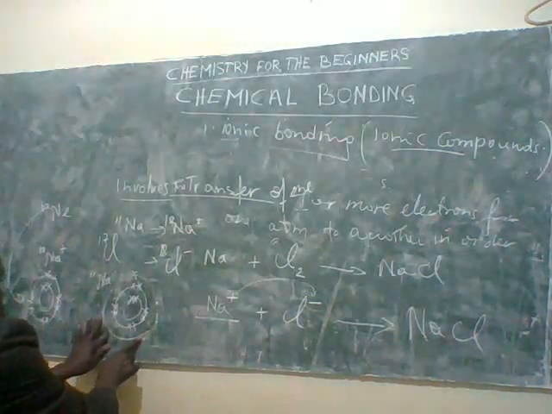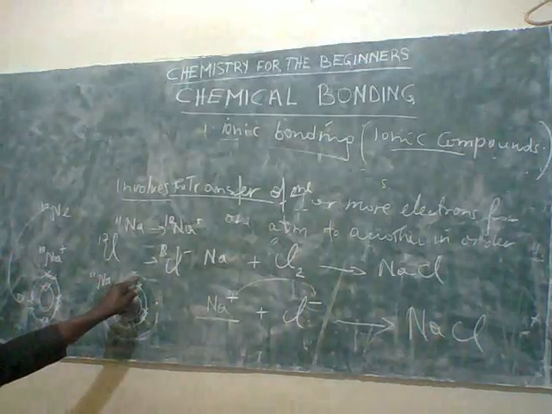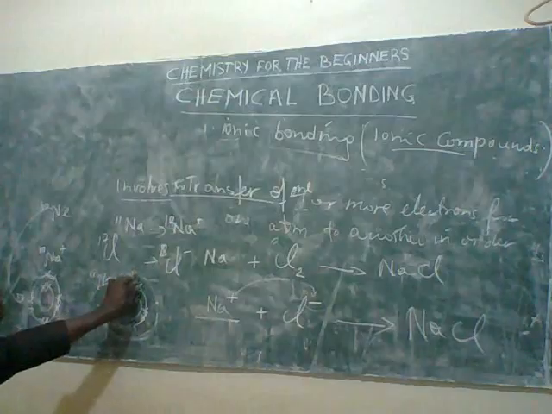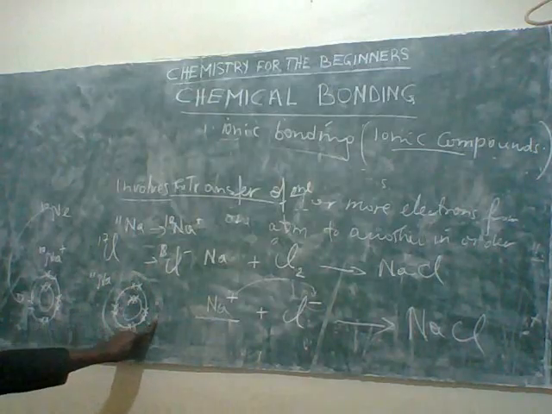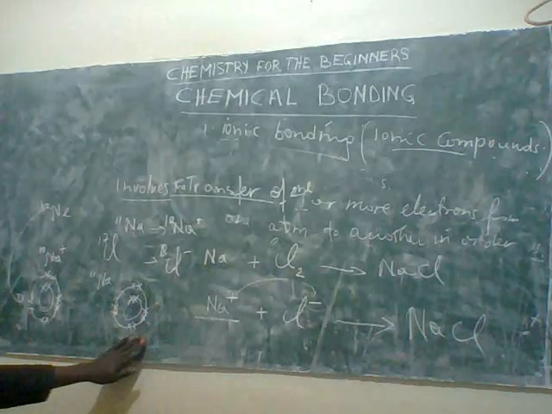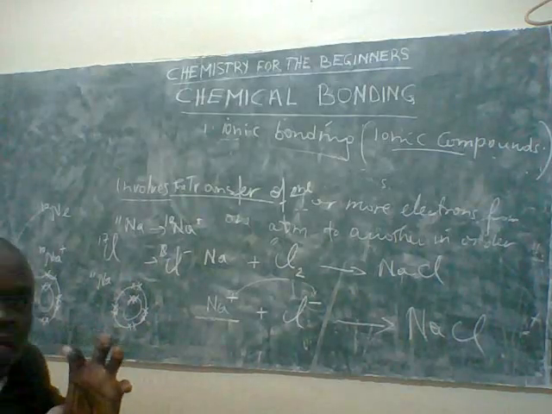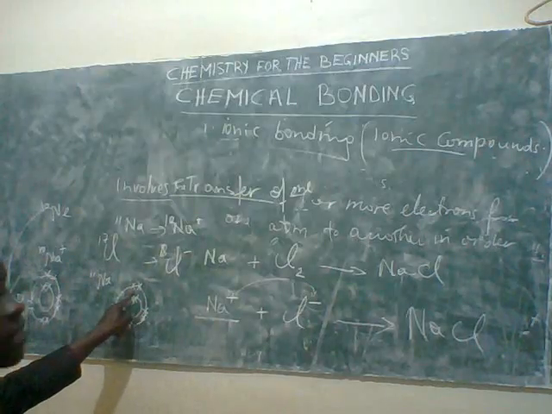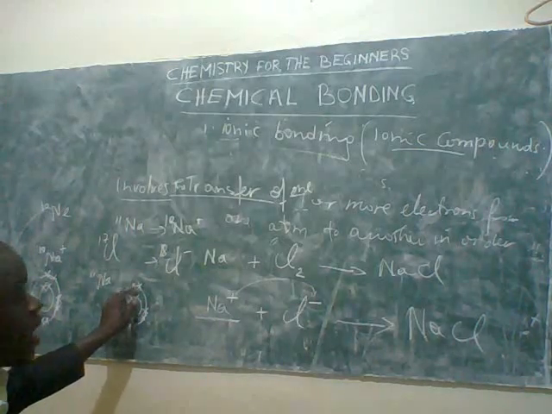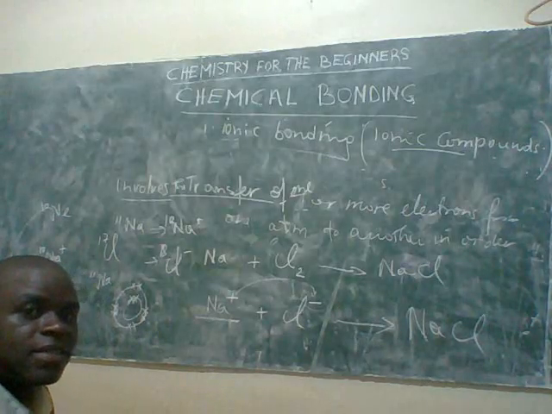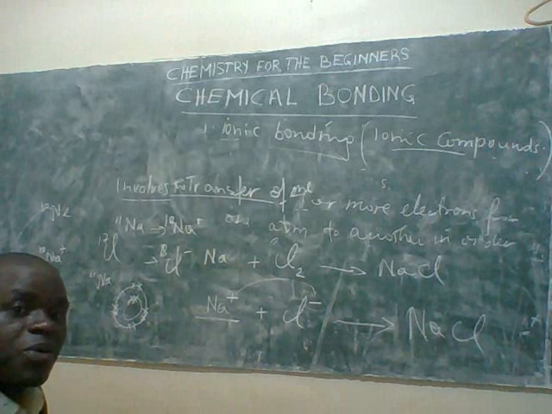It has lost this shell after donating this one electron. It has lost one shell and remained with two shells only, and it became very stable, where it has remained with only the pairs. I don't know if you are following.